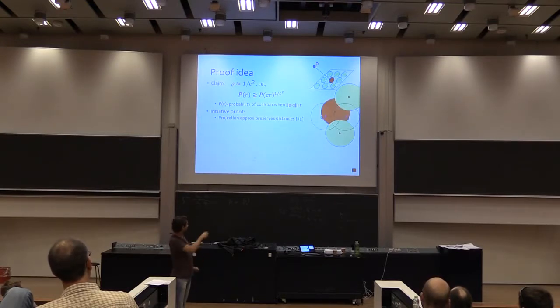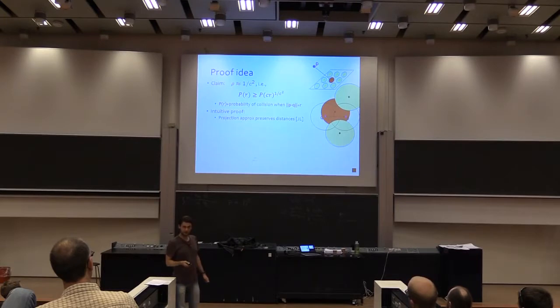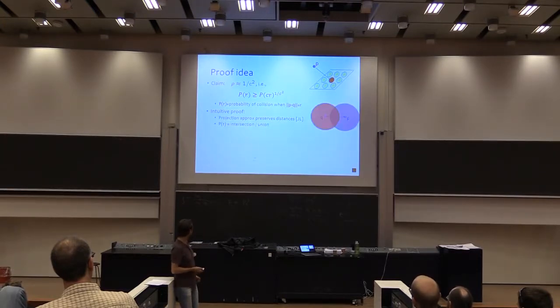On the other hand, if the center falls exactly in the intersection of the two balls around P and Q, then this ball captures both P and Q, so P and Q will collide. All this discussion says that the probability of collision of P and Q is exactly equal to the volume of the intersection of the two balls around P and Q divided by the volume of the union of these two balls.